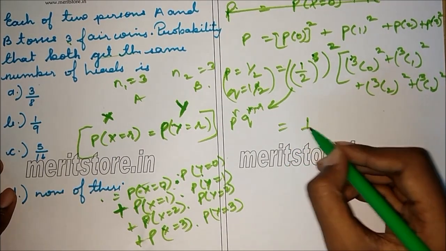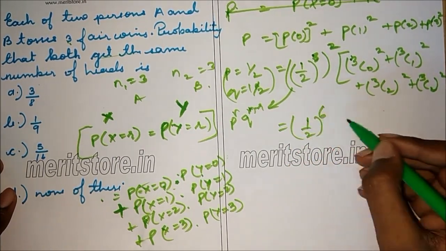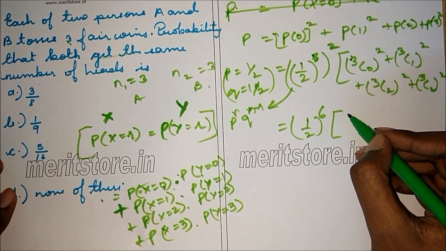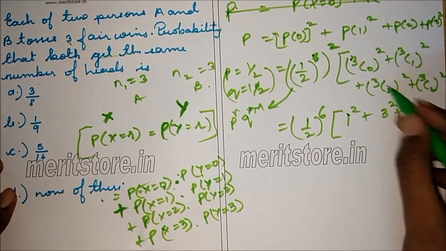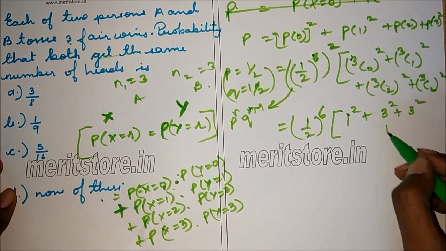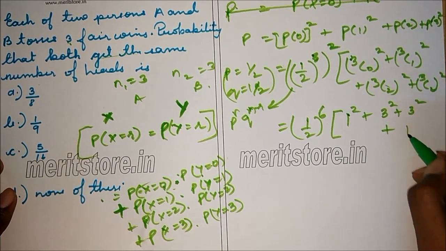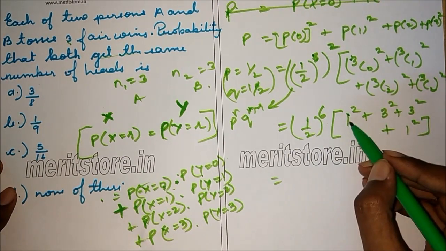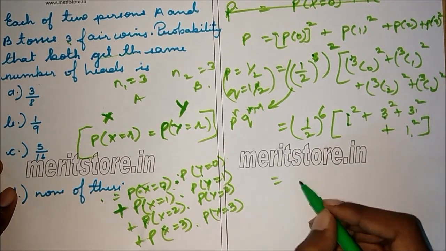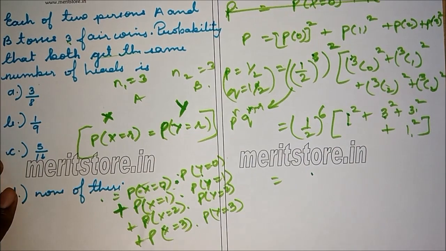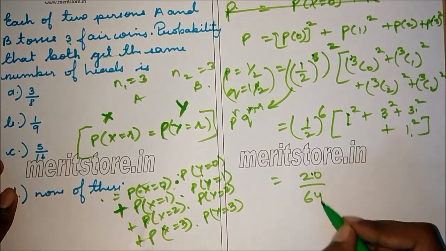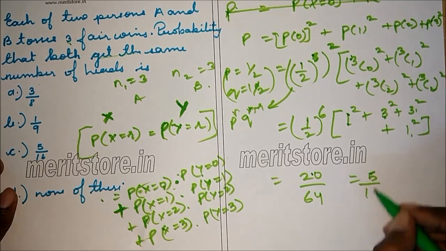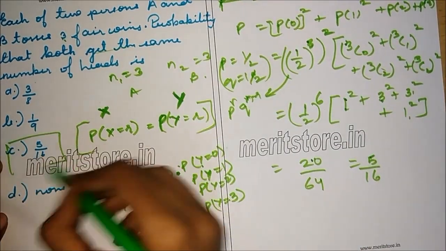So this will be half raised to 6 into 3C0 square is 1 square plus 3C1 square is 3 square plus 3C2 square is again 3 square plus 3C3 is 1, so this will be 1 square, that is 1 plus 9 plus 9 plus 1, this is 20, so 20 by 2 raised to 6 is 64, so 20 by 64, which is 5 by 16, which is option C.